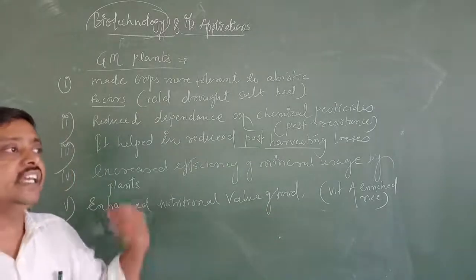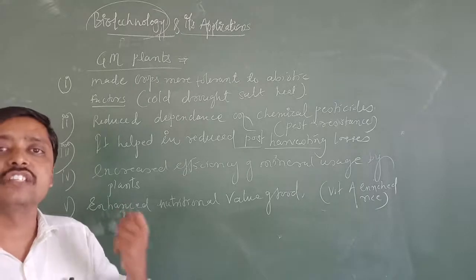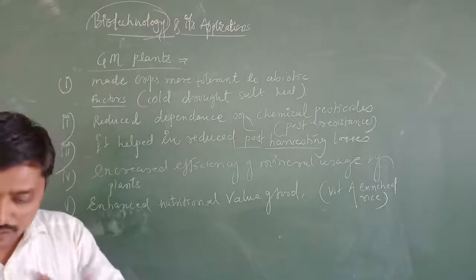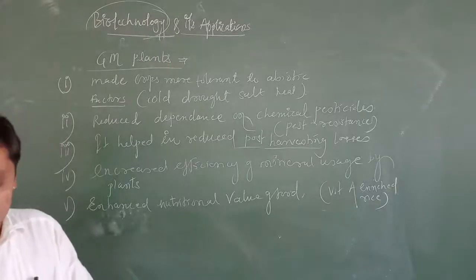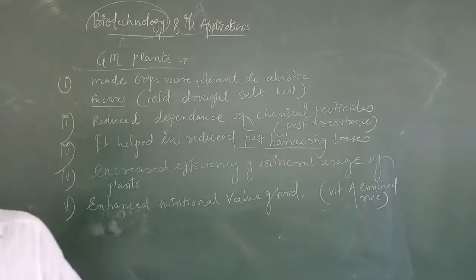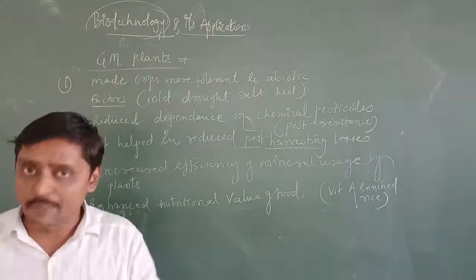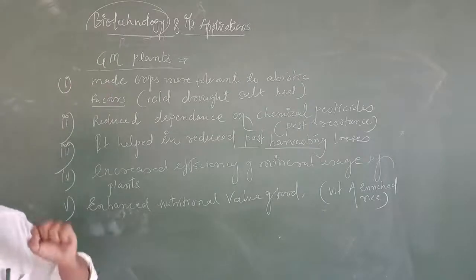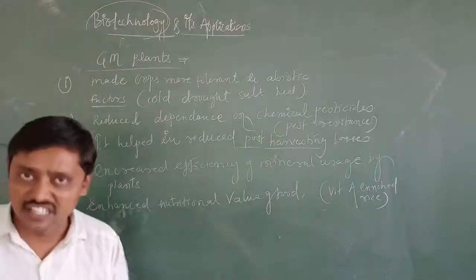A pest is any organism that causes damage to the crop. If the plant is developed to resist the pest, that is pest resistance capacity.